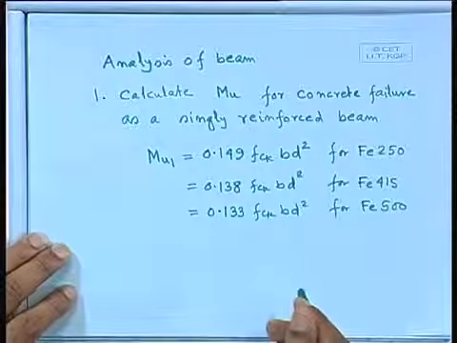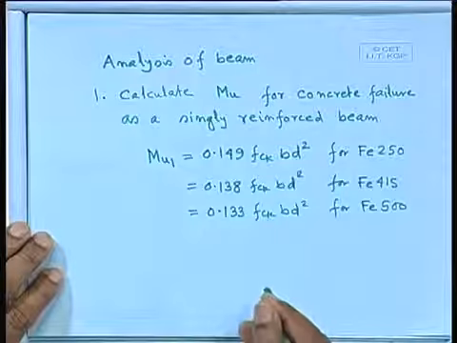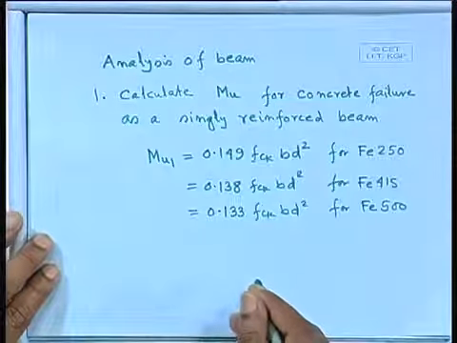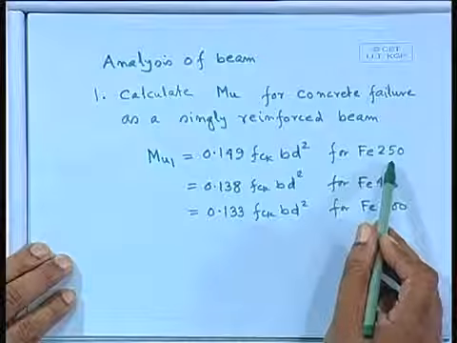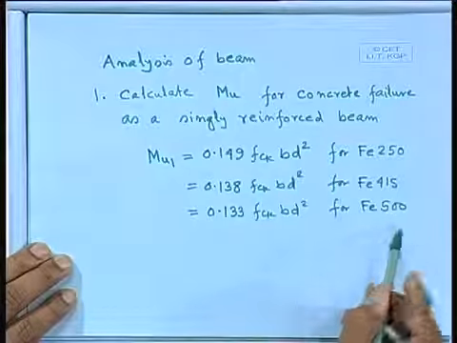We shall use the appropriate formula to get the moment of resistance for a singly reinforced section when the section is assumed to have failed due to concrete failure. Mu1 for Fe250, for Fe415, for Fe500.